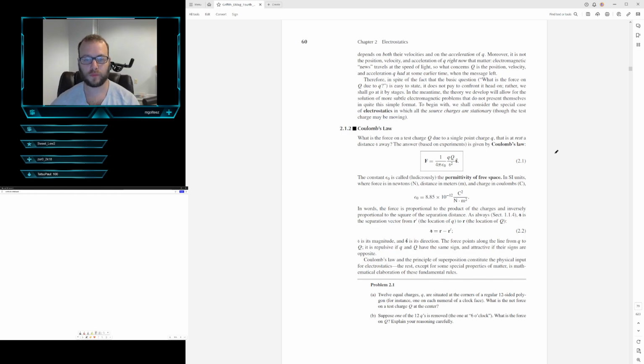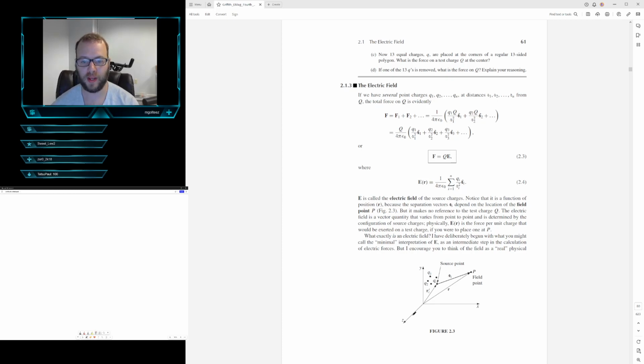So we defined in section 1.14, cursive r is the separation between the vector pointing to the source charges, r prime, and the vector pointing to the location of the test charge, capital Q. So cursive r is equal to the difference between these two values.